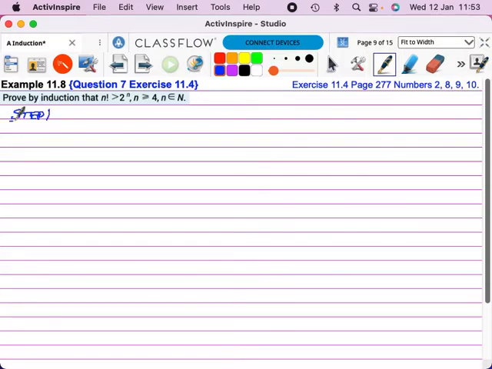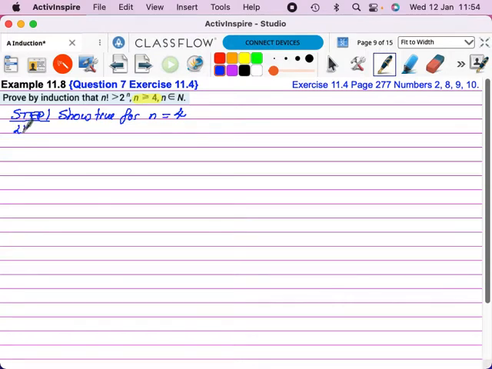Step 1, show true for n equal to, let's read the question, n is greater than or equal to 4 and belongs to the set of natural numbers. Therefore, the smallest value of n that we are showing true for is n equals 4.